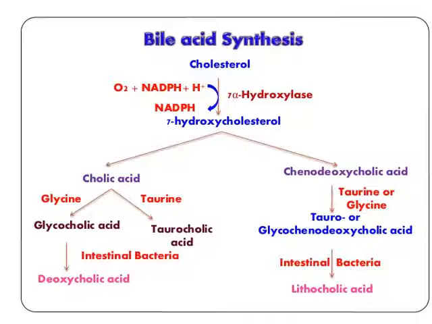Now from the cholesterol, two types of bile acids, cholic acid and chenodeoxycholic acid, are formed, and they are conjugated with glycine and taurine, and ultimately when they come to the intestine they are degraded by different bacteria and form deoxycholic acid and lithocholic acid.